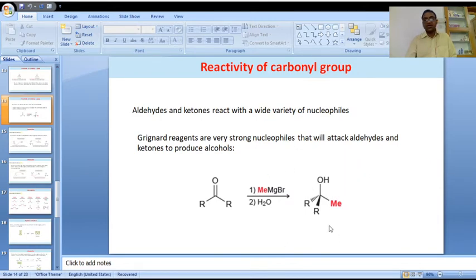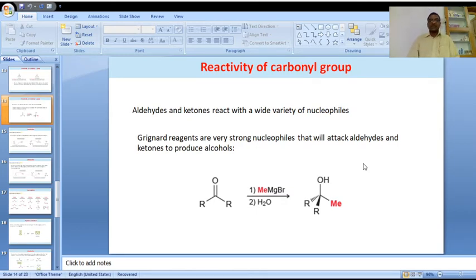This alcohol has a tetrahedral structure. How the carbon oxygen pi bond is cleaved, how the nucleophile attacks the carbonyl carbon, and how the resulting sp3 hybridized tetrahedral structure is formed, we'll discuss in the reaction mechanism part.